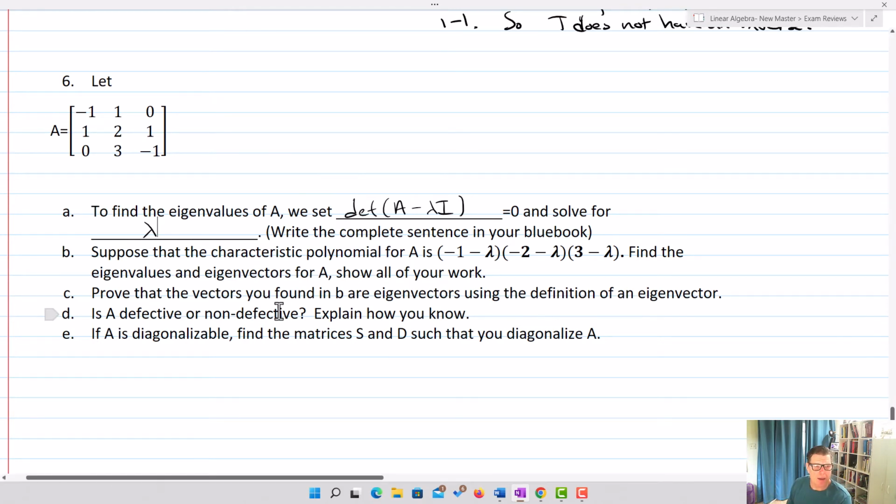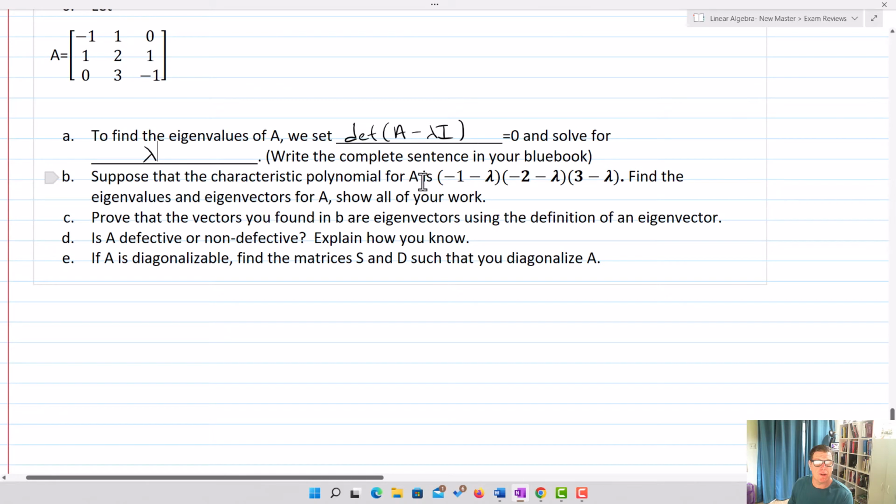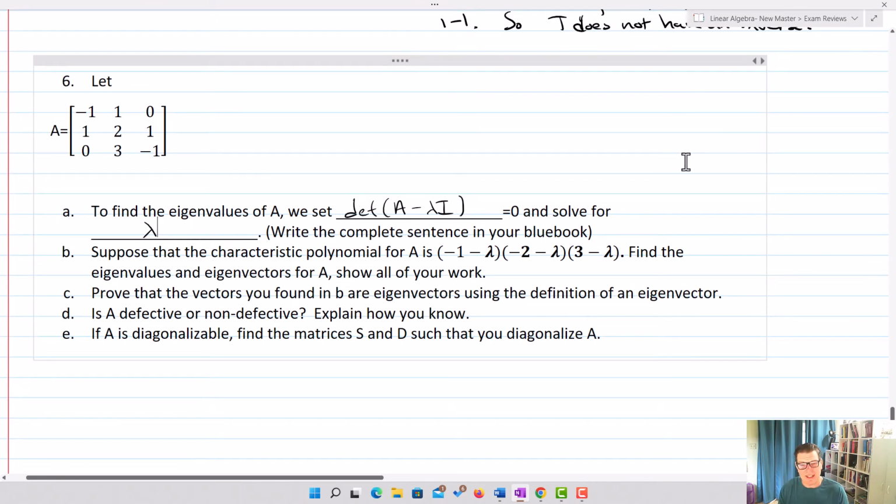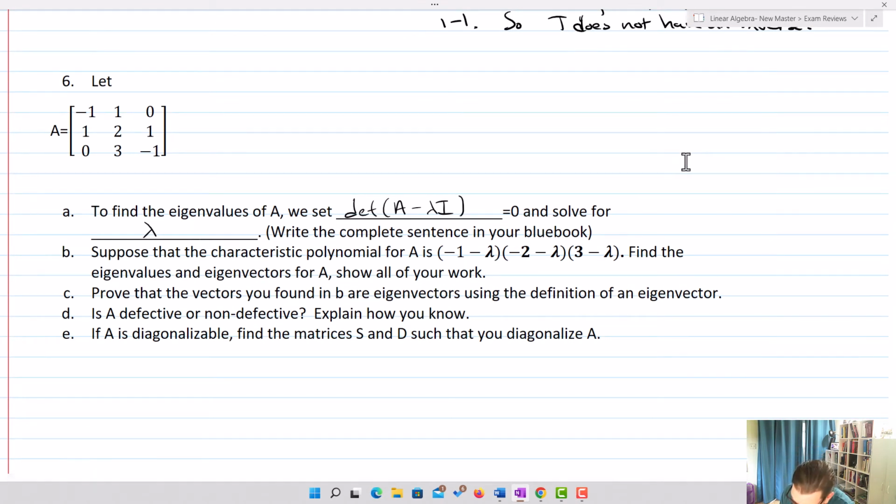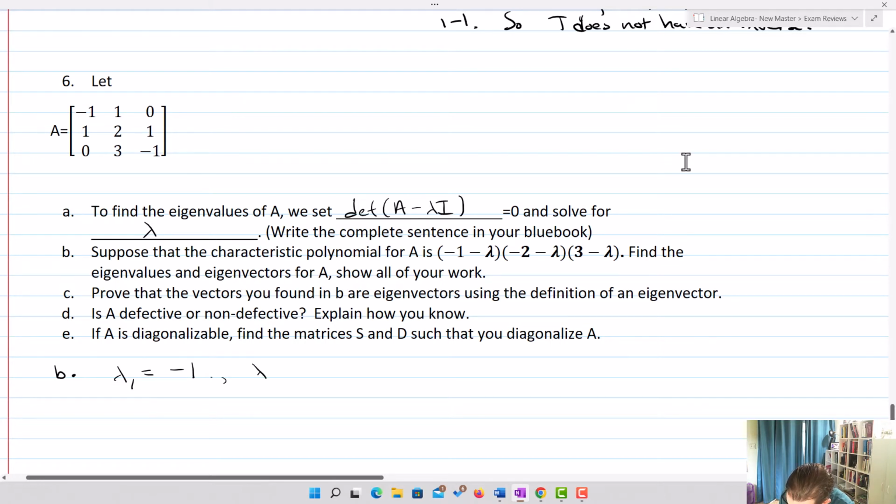Let's suppose that the characteristic polynomial for A is (-1 minus lambda)(-2 minus lambda)(3 minus lambda). So we're given the characteristic polynomial. That means lambda 1 equals -1, lambda 2 equals -2, and lambda 3 equals 3.